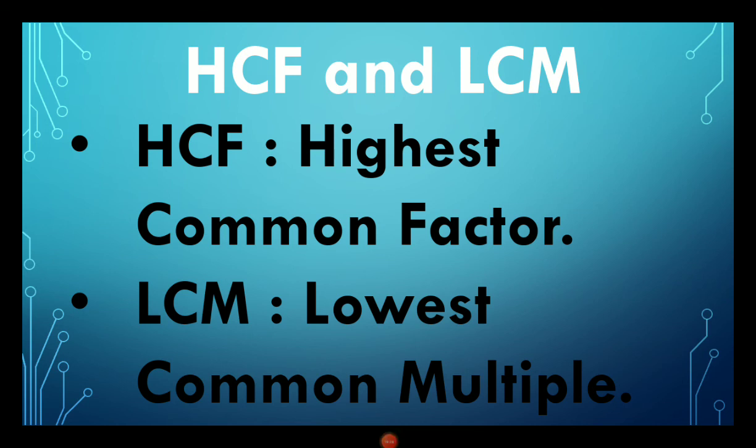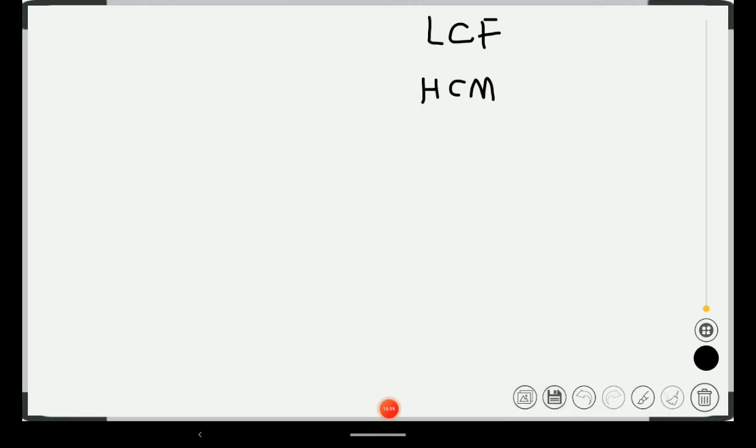Now remember, I have asked you a question in the beginning, why is there nothing called LCF and HCM? Let's see. So LCF means lowest common factor and HCM means highest common multiple. As I have said, every number has a common factor, that is 1.